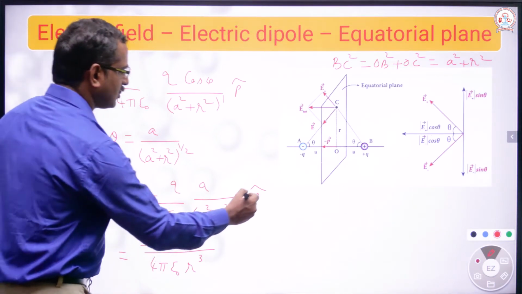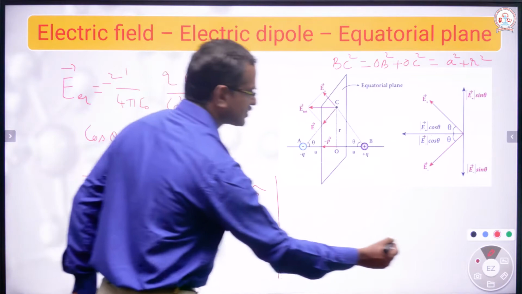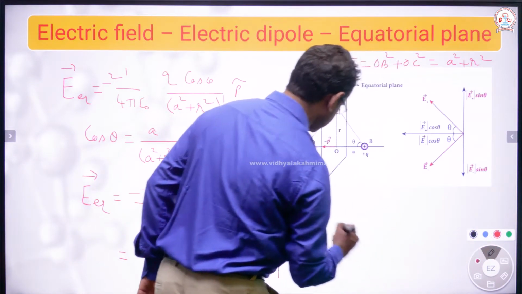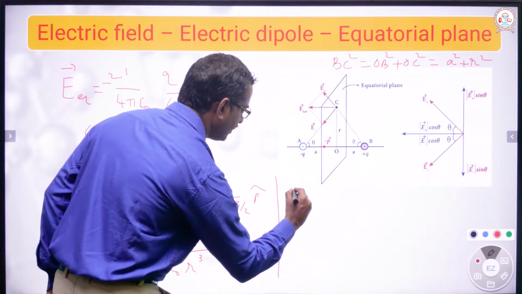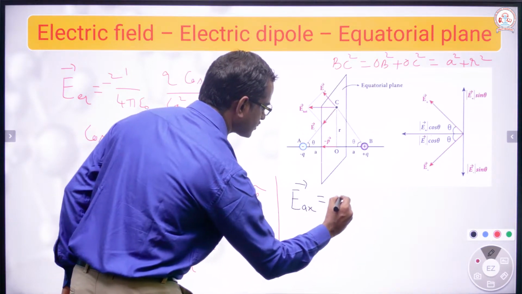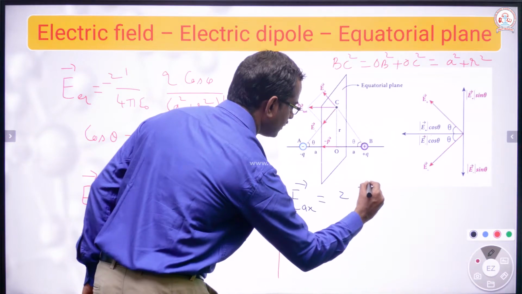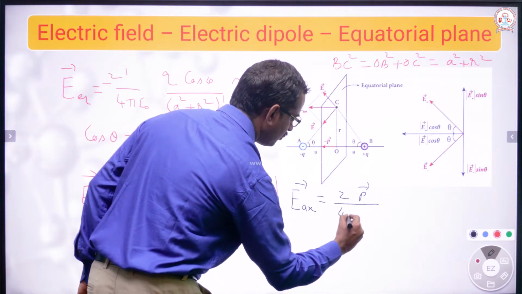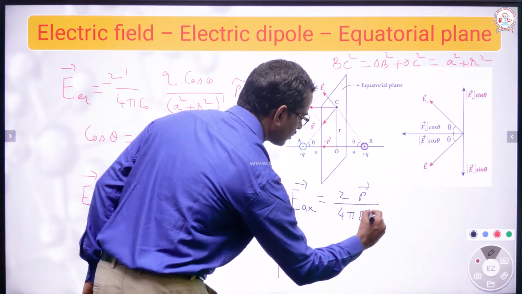In the previous case, we discussed that the electric field due to an electric dipole along the axial line is 2 P vector divided by 4 pi epsilon naught r cube.